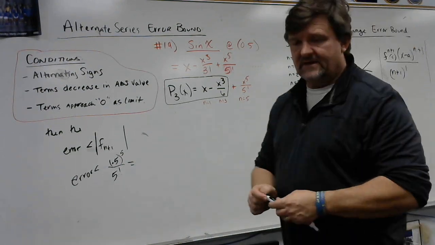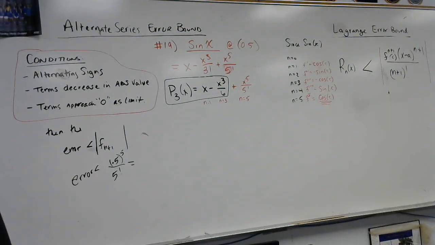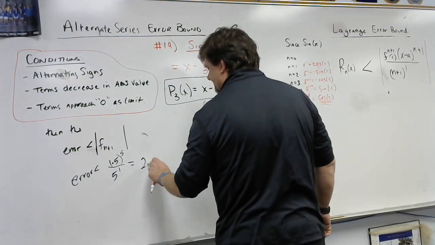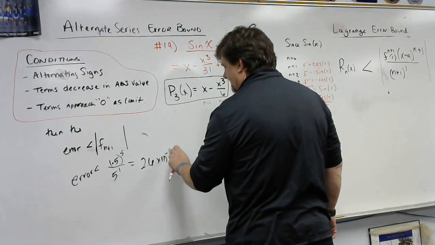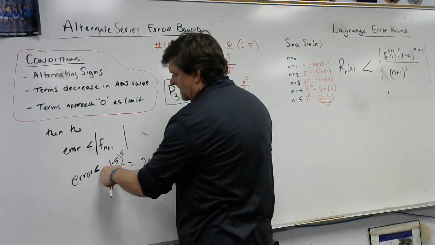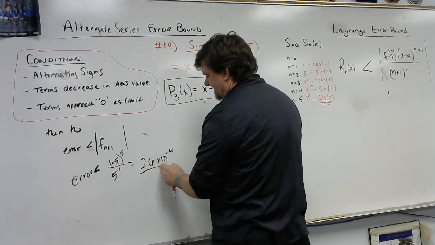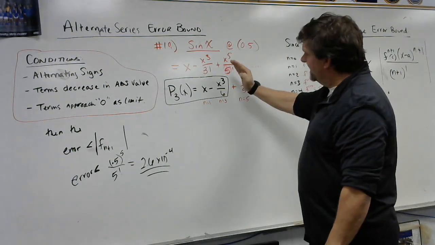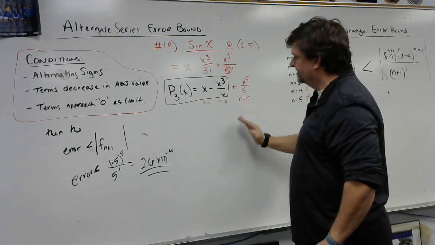In fact, I have it written down right here. So that's going to become 2.6 times 10 to the negative 4th. So our error has to be less than that, okay? Our error has to be less than this piece here when it comes to the alternating series. So for the alternating series, I just picked the next available term.